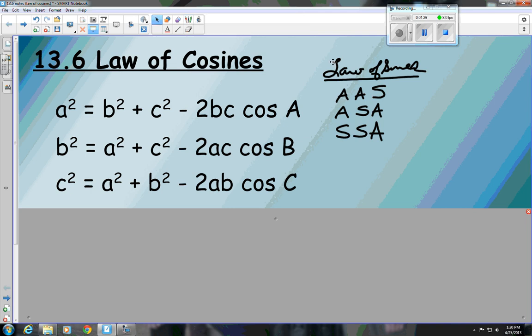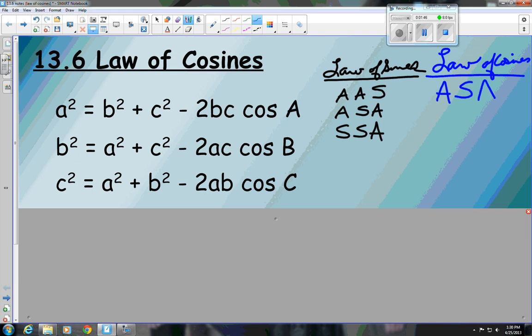So, for the law of cosines, if I know a side, the angle between them, and the other side.